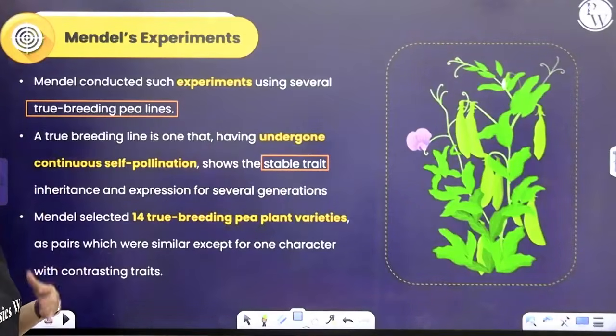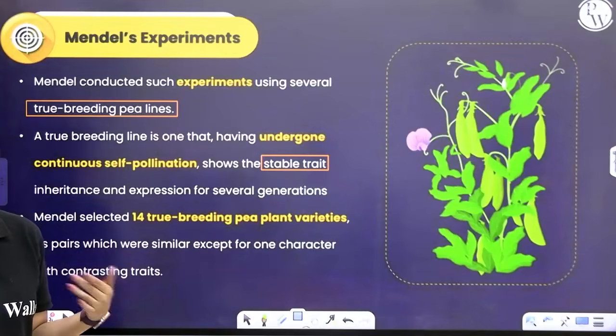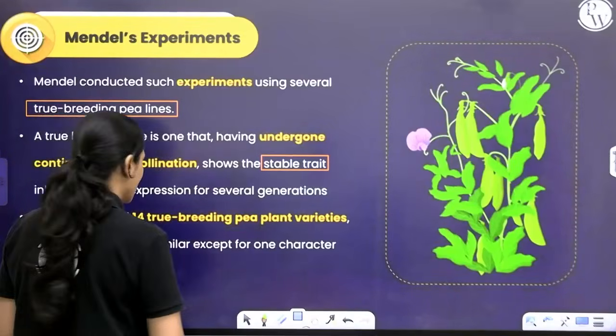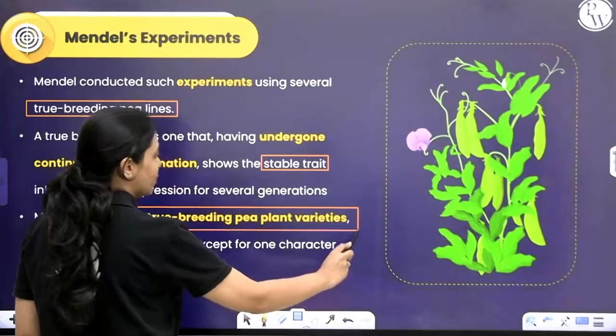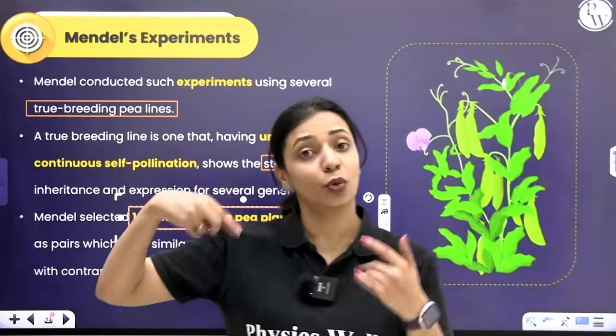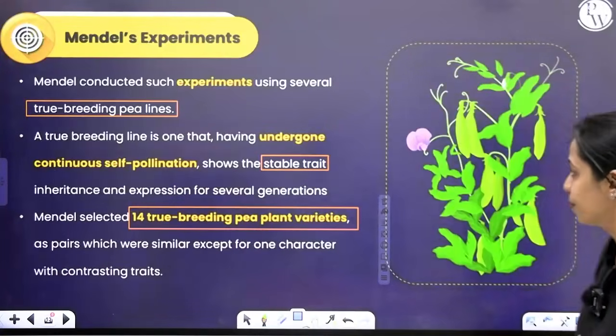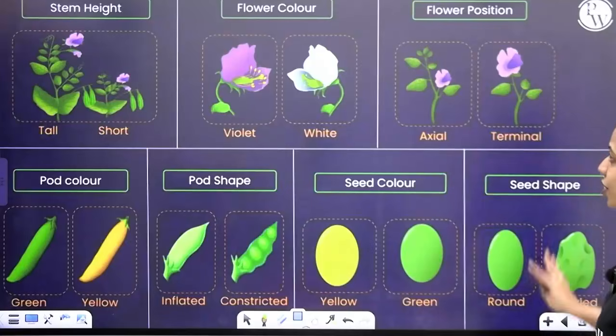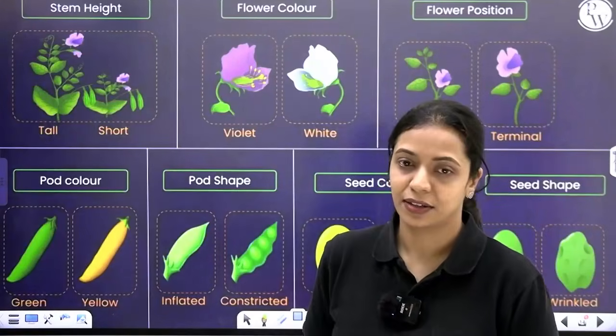So Mendel, I told you, chose 7 characters and 14 traits. For each of those 14 traits, he selected pure breeding varieties that were true to that trait. Now, which are the 7 characters that Mendel selected?